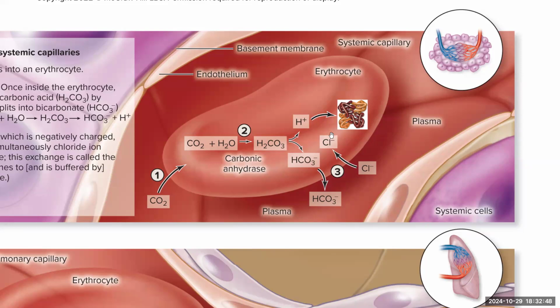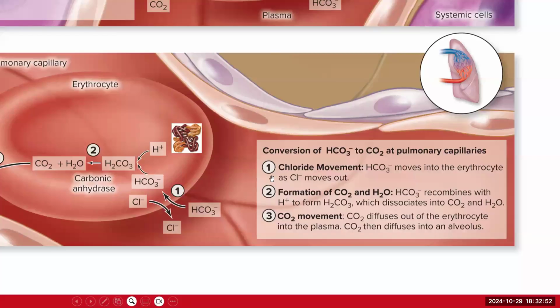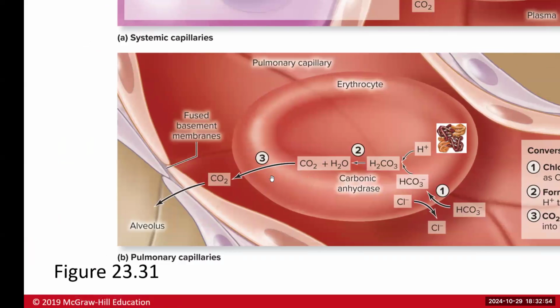All right, so then this whole thing circulates back to the lungs. We get back into the lungs, the pulmonary capillaries, and bicarbonate moves back into the red blood cell. It reattaches with the hydrogen ion that pops off the hemoglobin molecule for a brief period of time.